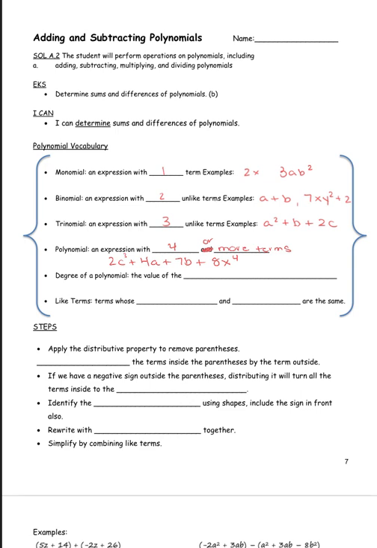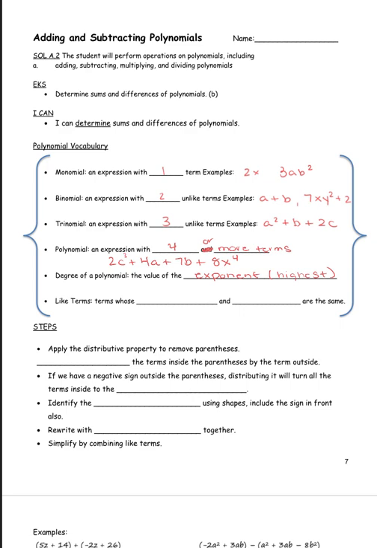All right, so the degree of the polynomial is the value of the exponent, or should I say the highest exponent? So if we look back at our polynomial example, we have 2c cubed plus 4a plus 7b plus 8x to the fourth. So the degree of the polynomial will be 4 because the highest exponent is degree 4.